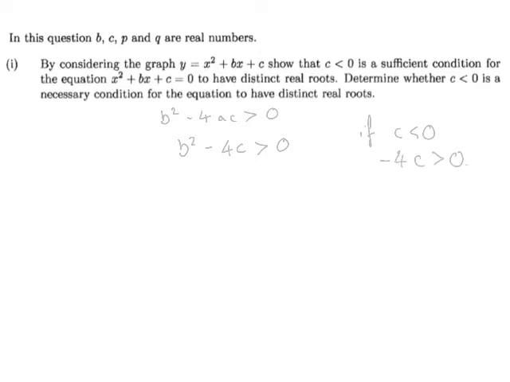So if c is negative, then we get negative 4c is positive, and we already know square numbers are positive. So b squared minus 4c is definitely positive, which gives us distinct roots.